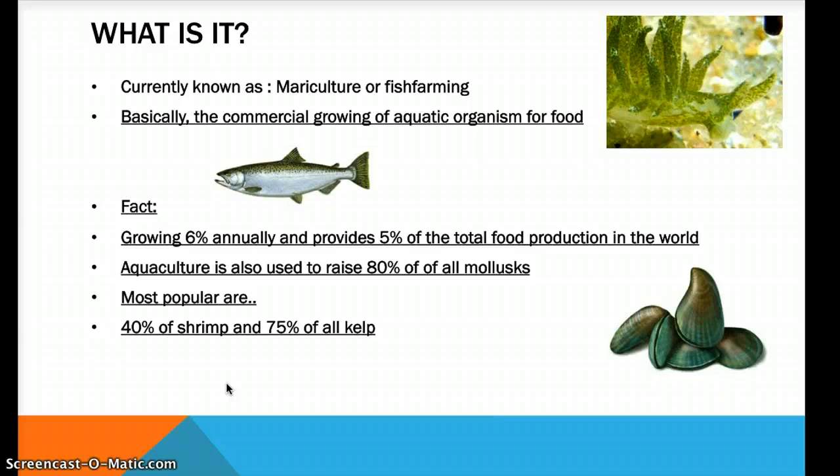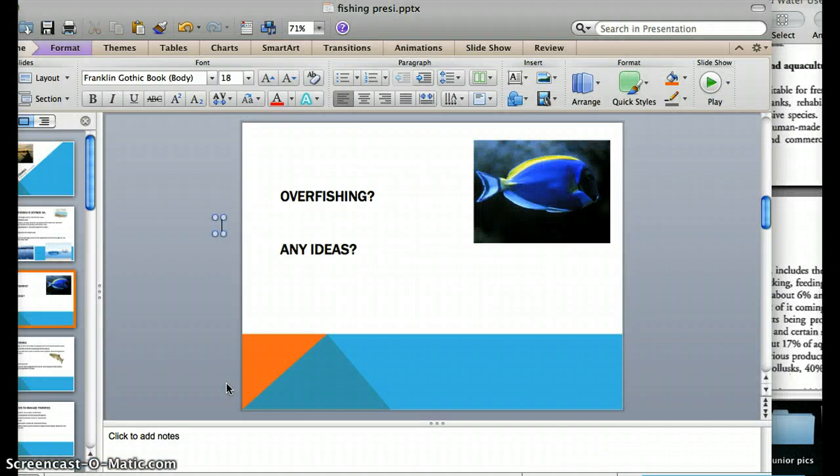Some facts are that it is growing 6% annually and provides 5% of the total food production in the world. And aquaculture is also used to raise 80% of all mollusks. The most popular products are seaweeds, mussels, shrimp, salmon, and trout. 40% of shrimp and 70% of all kelp.